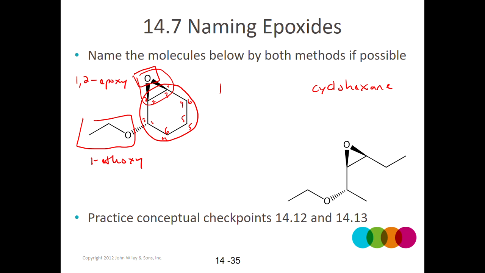Epoxy means you've got the 3-membered ring, and the numbers tell me which carbons. I'm sorry, that's 2, 3. 2 and 3 are the carbons that the epoxy is bridging. And so EP comes before ET alphabetically, so it would be 2,3-epoxy, 1-ethoxy, cyclohexane.